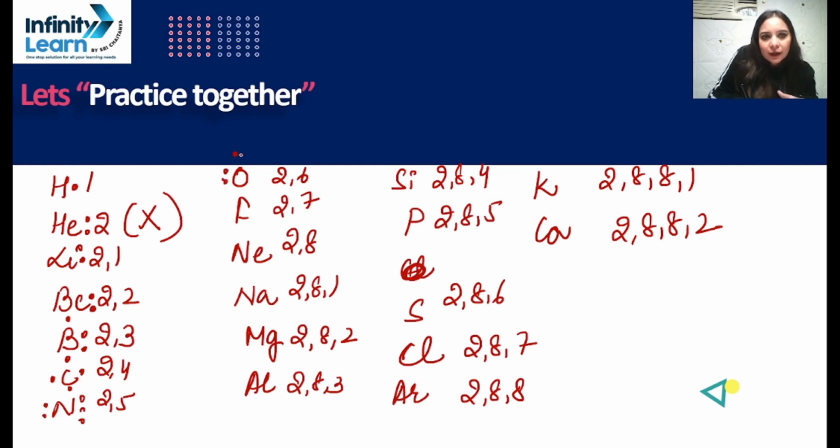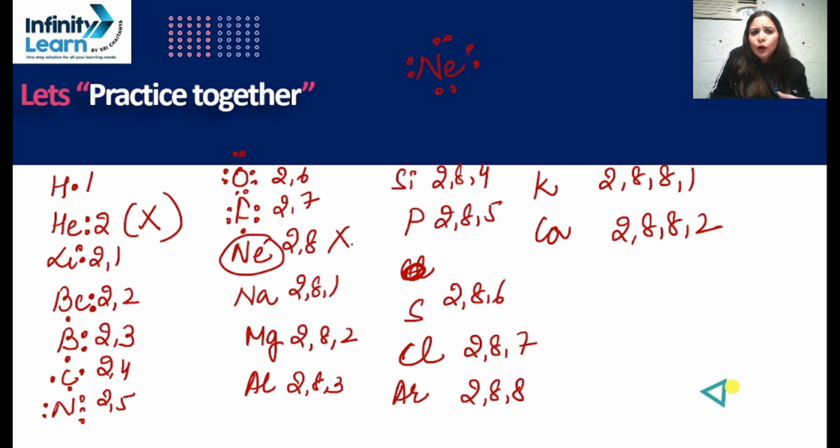Oxygen 6, you can represent like this. Fluorine 7, you can put them in pairs, become 6, and this is 7. Neon is inert, so all the, with the 8, they can be shown like this. So it will not participate.